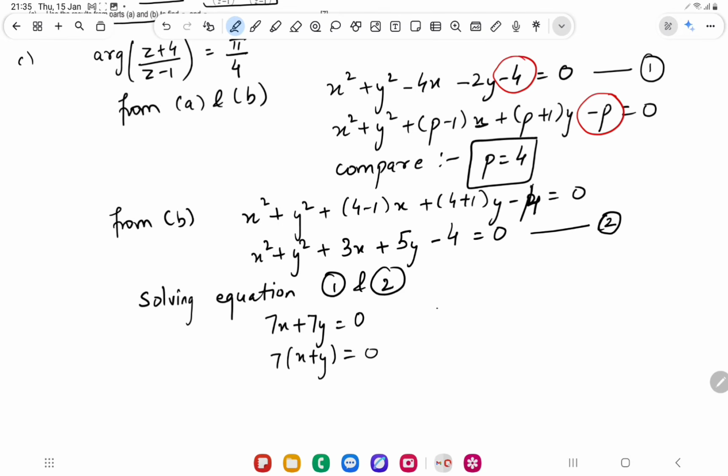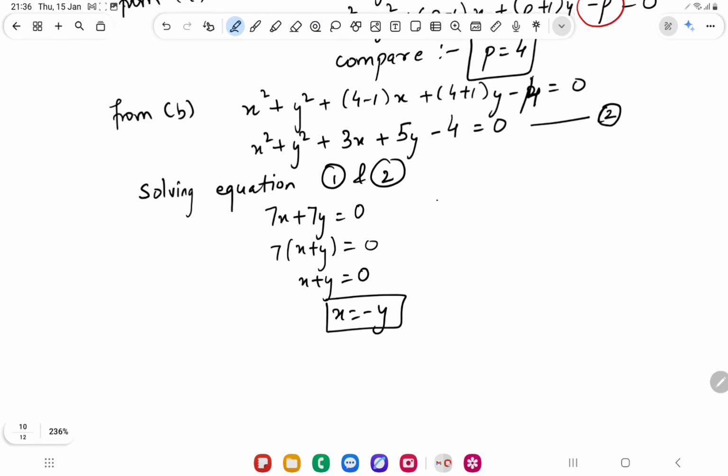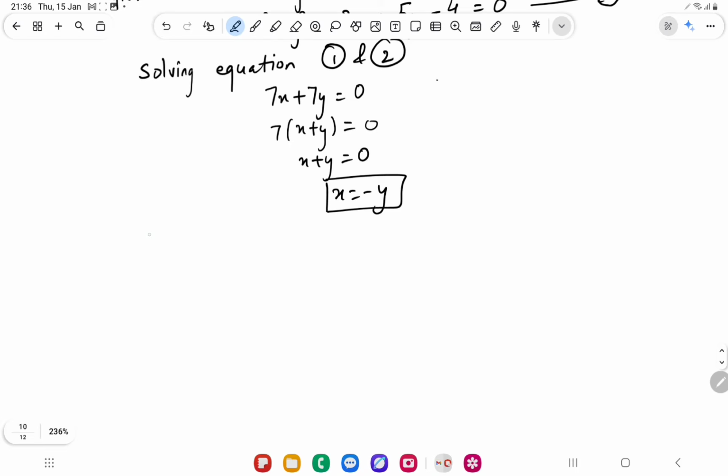So x plus y is equal to 0, or x is equal to minus y. So this is one result which we got. Now what we can do is put x equal to minus y in my equation 1.